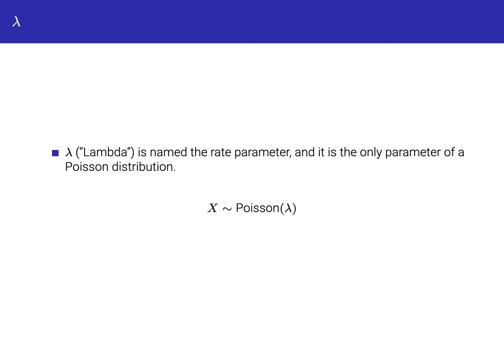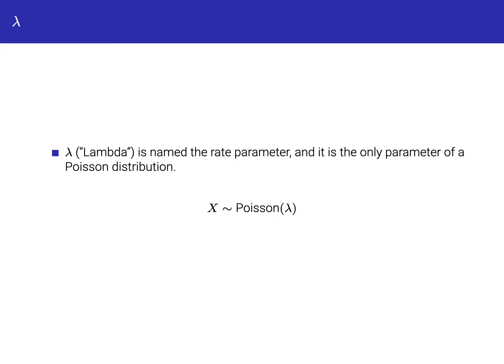So this rate is in fact the only parameter needed to characterize a Poisson distribution. We generally refer to it as lambda, and so it is named the rate parameter, logically. Just knowing lambda defines completely a Poisson distribution.